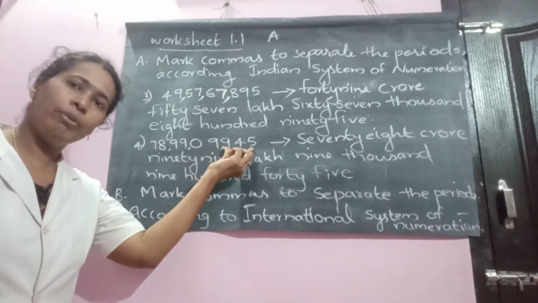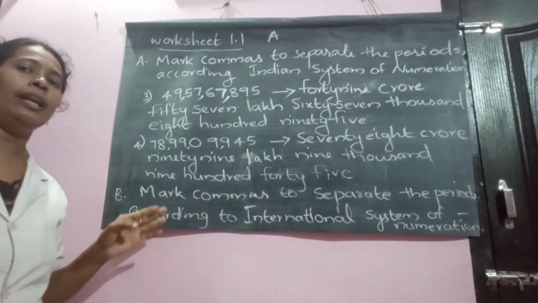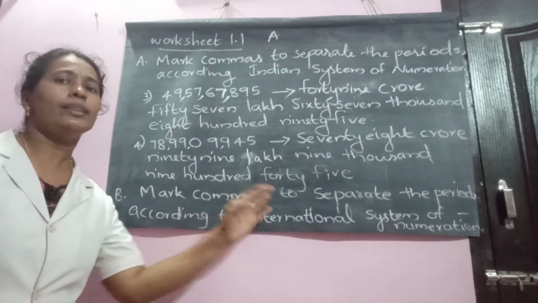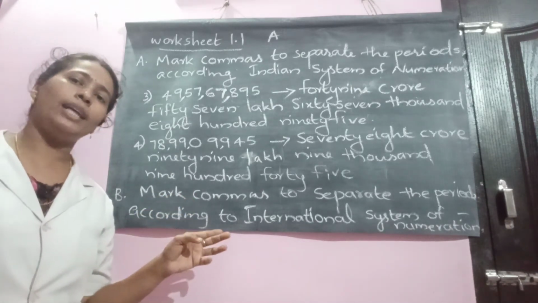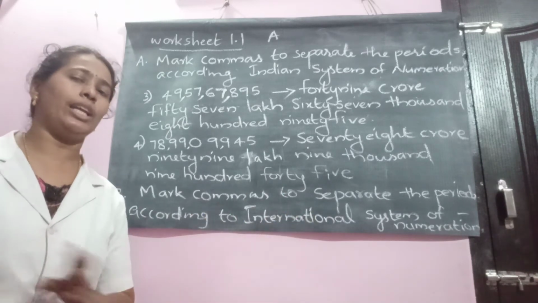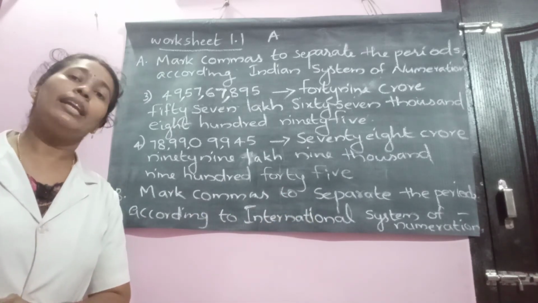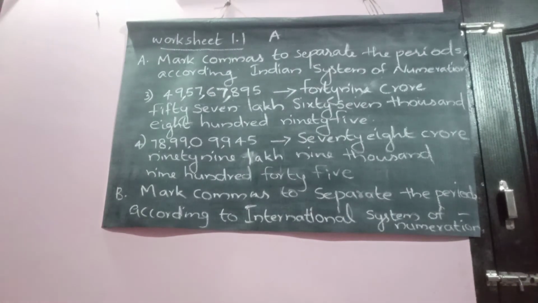And this one together, 945. Finished. Next we are moving to same question but only change goes to the system of numeration. Here we have to mark commas according to international system of numeration and write the number names of the following numbers.